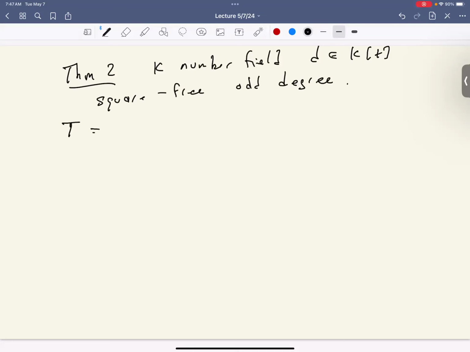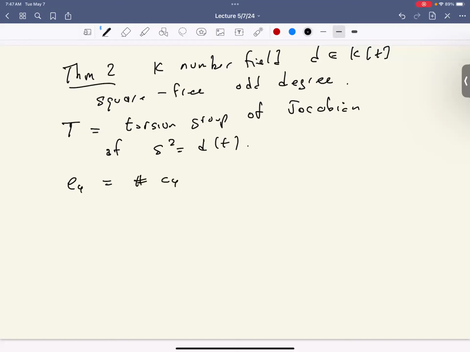And I'll let T be the torsion group of the Jacobian, which I talked about a second ago. I'm being a little bit vague here, so S squared minus D of T. And I'll let E4 be the number of cyclic factors of prime power order 2 to the n, where n is bigger than or equal to 2 in the decomposition.